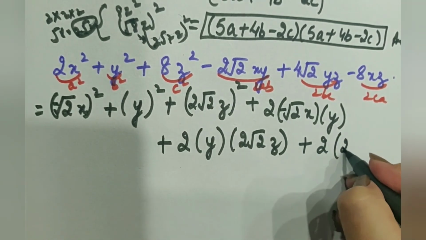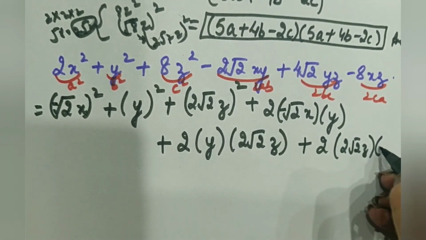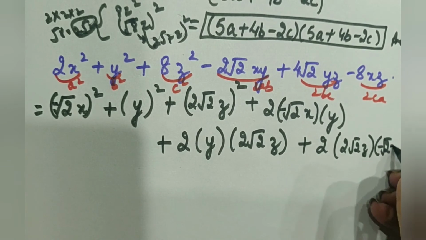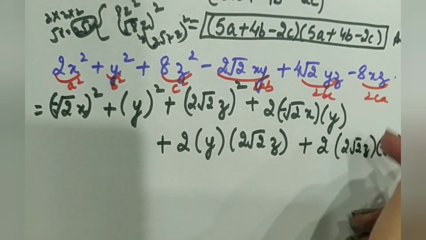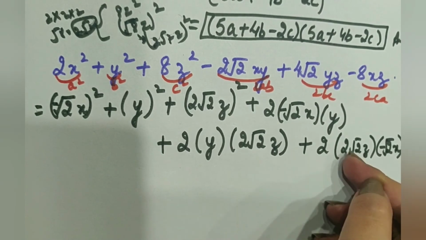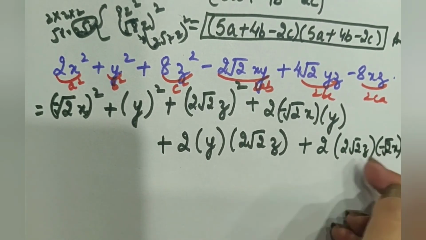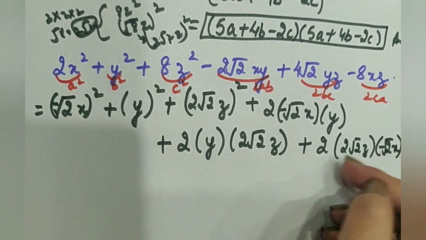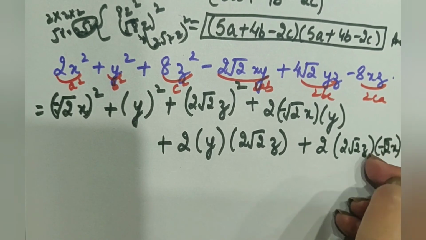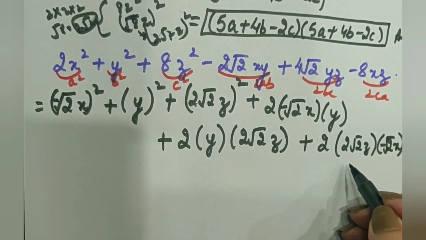That means 2 into 2 root 2 z into minus root 2 x. Let's multiply. Let's check if we are going right or wrong. This is 2 into 2, 4. 4 into root 2 into root 2. Root 2 into root 2 is 2. So 4 into 2 is 8. So this becomes minus 8zx or minus 8xz.